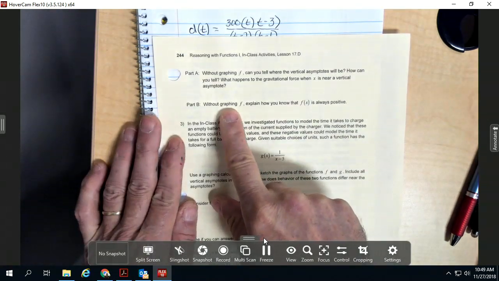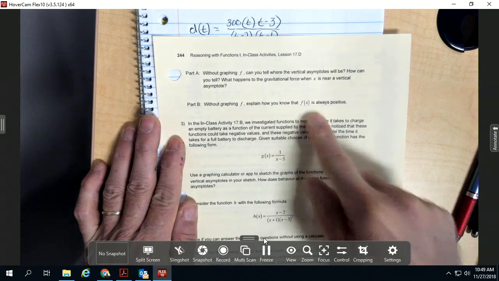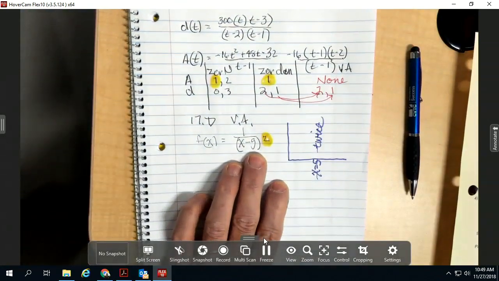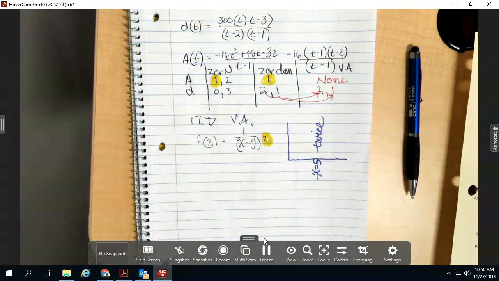Here we go. Without graphing, how do you know f of x is always positive? Looking at that, how can you say, oh, f of x has to be positive? Very good. When you square a number, it's always positive, right? And 1 is positive.